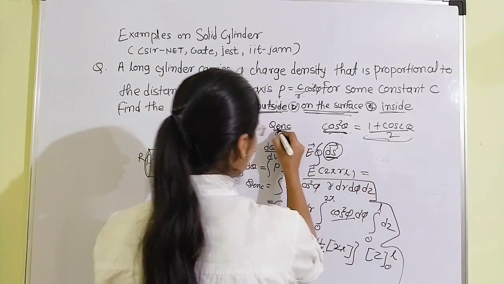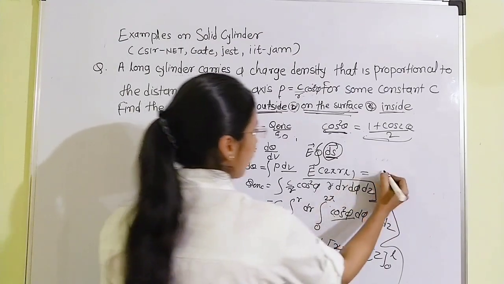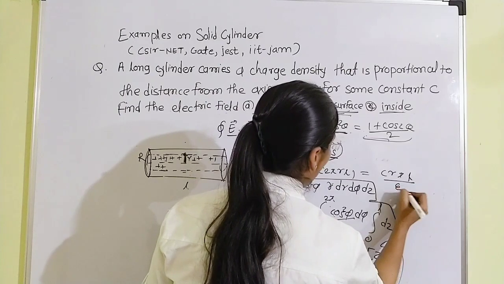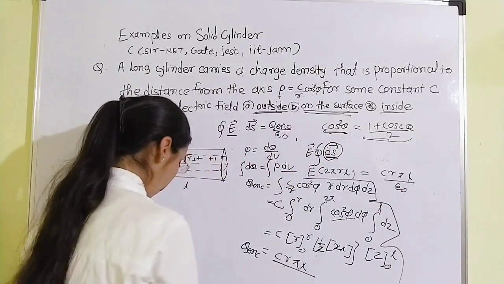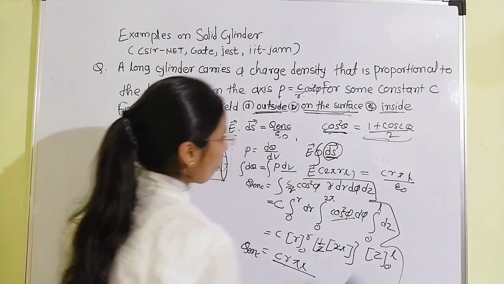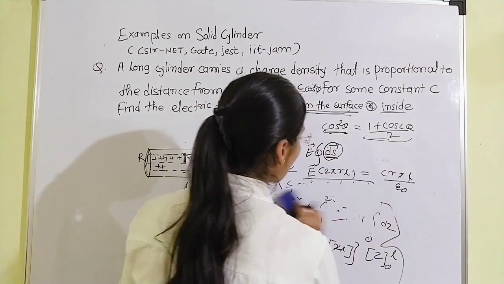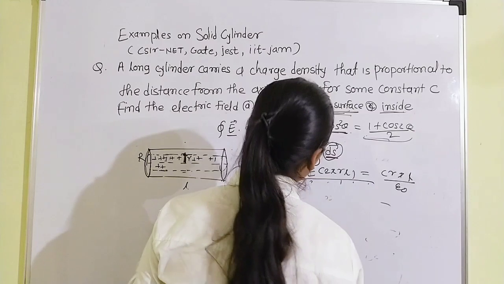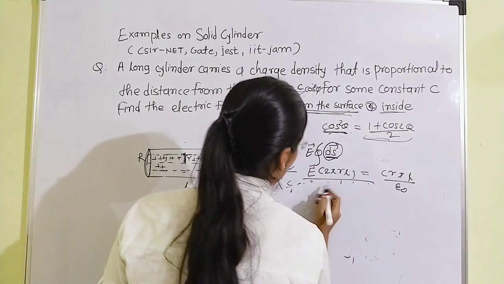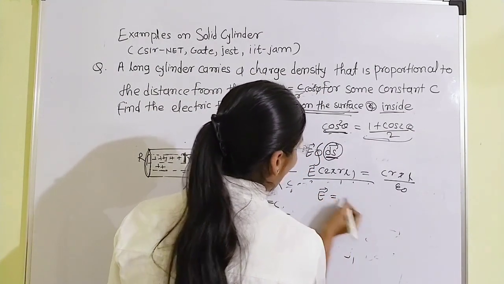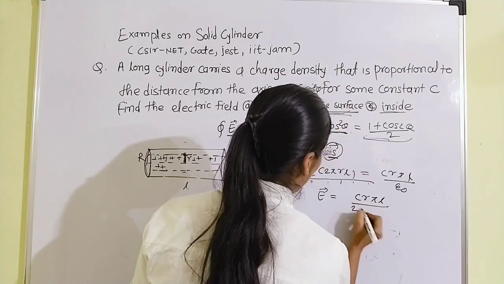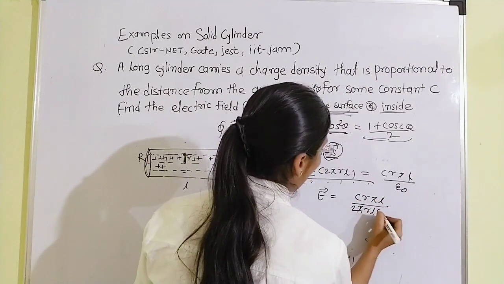is equal to, what is the value of Q? Q is C R pi L by epsilon naught. So here we have to find the E bar. So E bar is equal to C R pi L by 2 pi R L into epsilon naught.